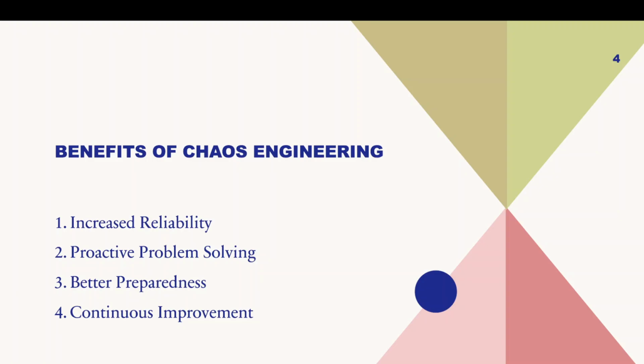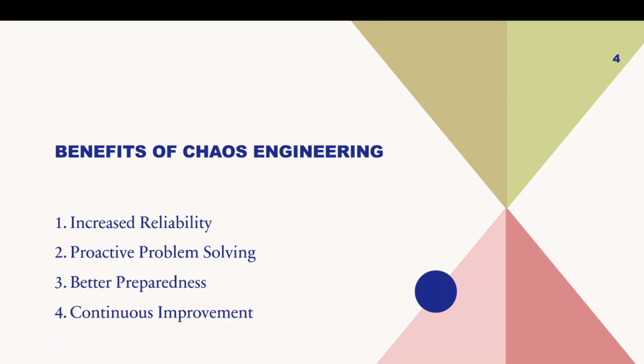If I want to give one real world example, Netflix is a pioneer in chaos engineering. When they moved from on-premises to cloud, they faced reliability issues.